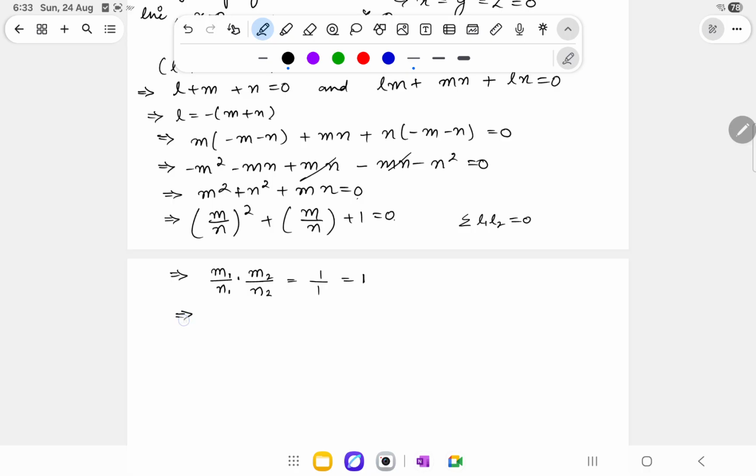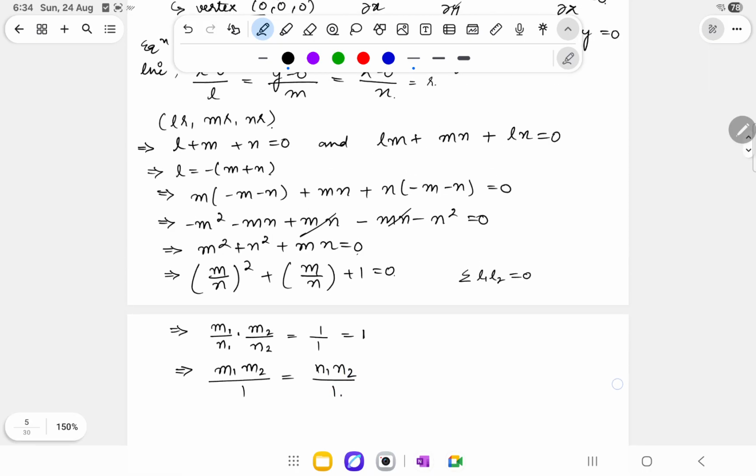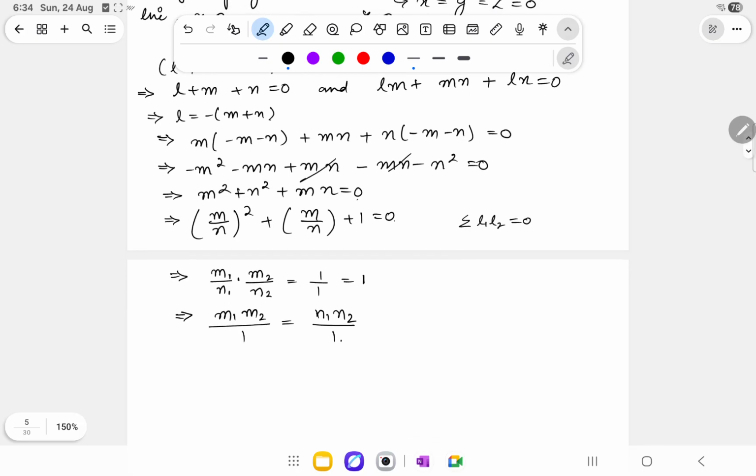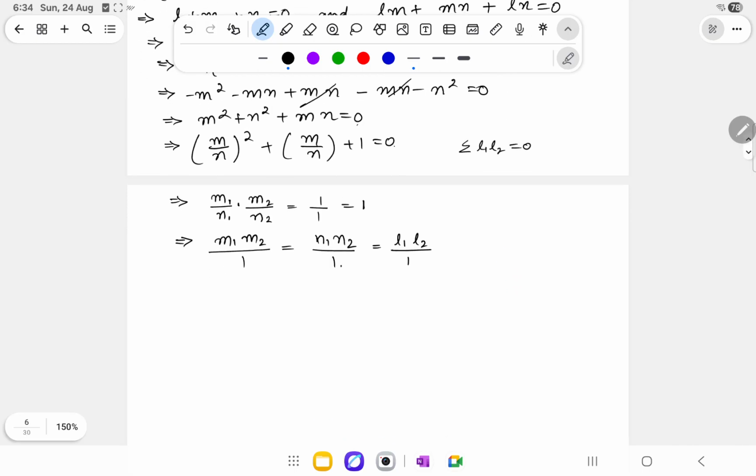So we got m1 m2 upon 1 equals n1 n2 upon 1. Likewise, we can solve for another direction cosine as well. Now we can equate n equals minus of l minus m, and substitute it in the second equation, and from that as well we'll get l1 l2 as 1 only.